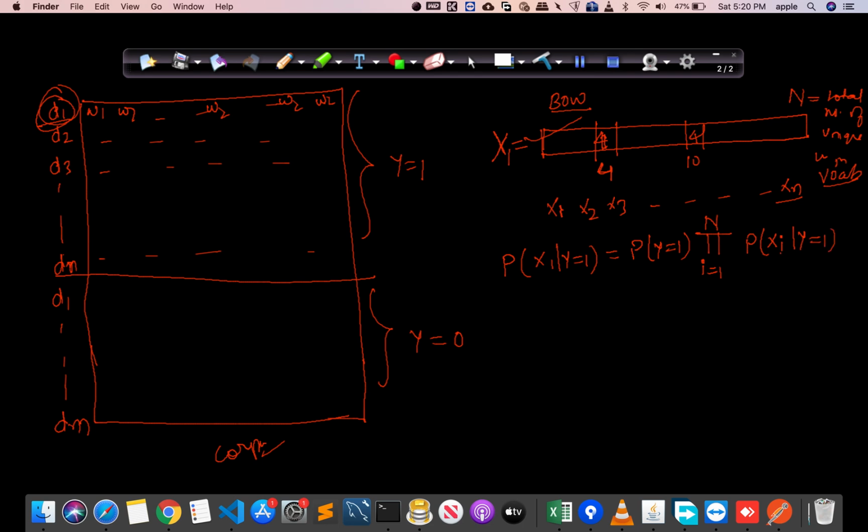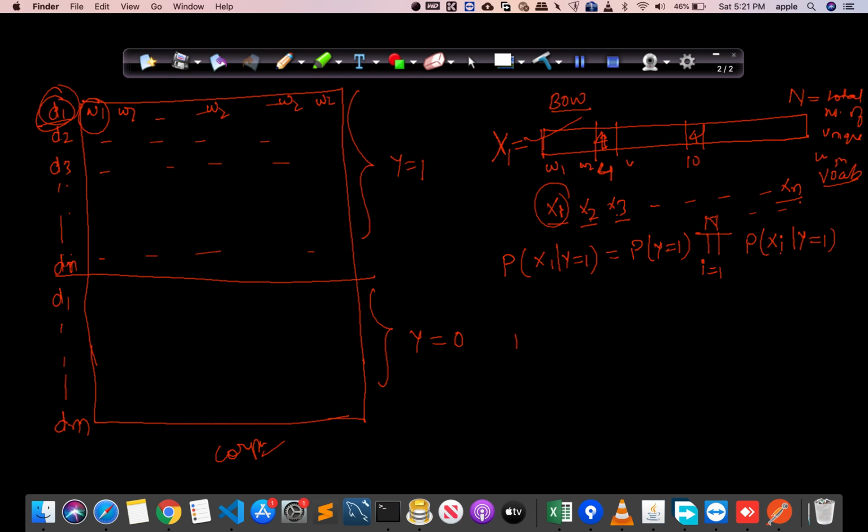And what are xi's here? Xi's are x1, x2, x3 until xn. Now, what is x1? X1 is the number of times the particular W1 has occurred here. X2 is the number of times W2 occurred. X3 is the number of times W3 occurred, and so on for each data point. But we have to learn what was the pattern of X1 occurring in the whole set. So how to calculate this is the number of documents in which W1 has occurred.